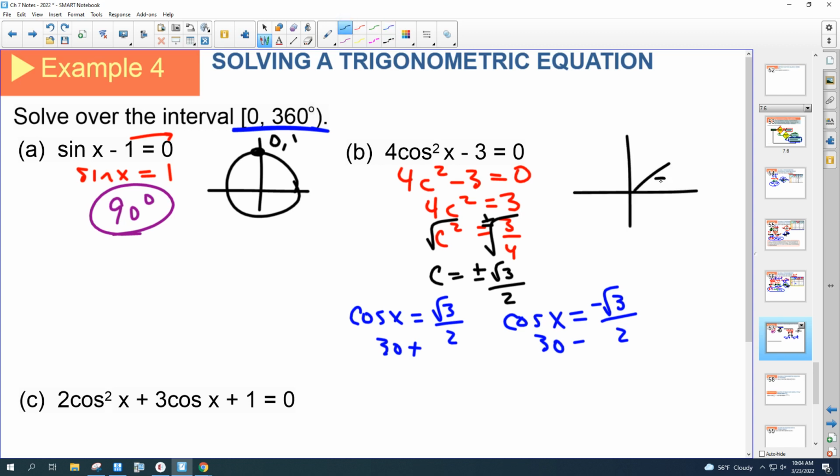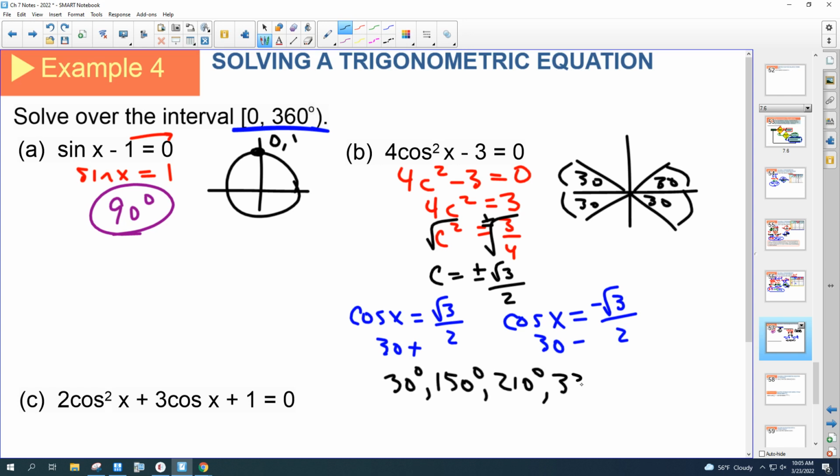So you're going to have all four, because here's where cosine is positive and here's where cosine is negative. You're going to have all four of those things. So I'm seeing 30 degrees and 150 degrees and 210 degrees and 330 degrees. Why? Because I've got this plus or minus.